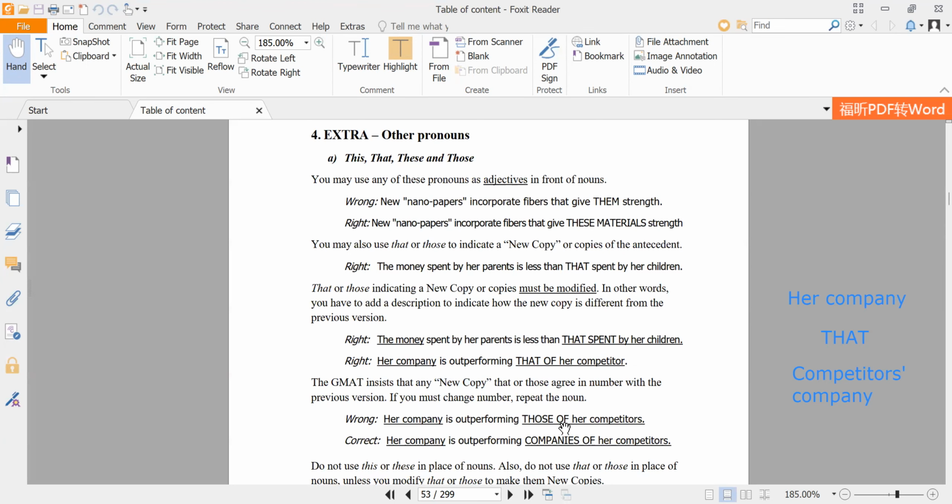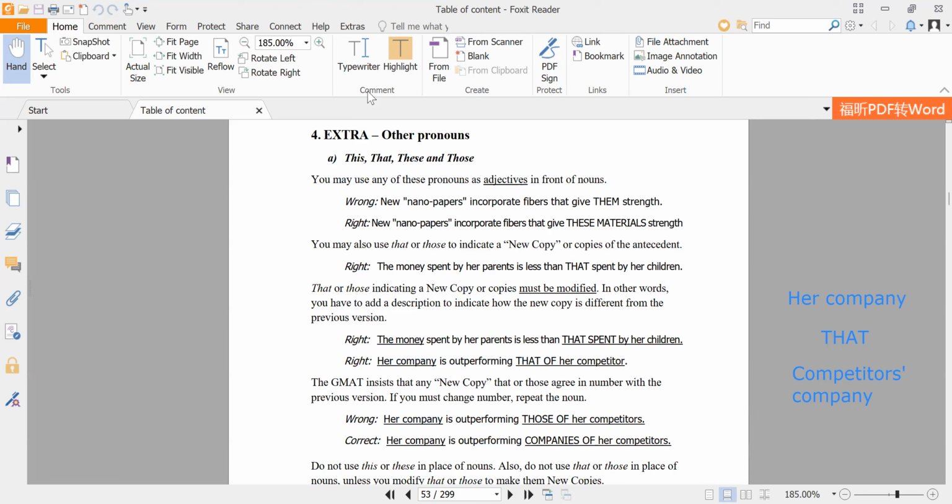If we use those, then it is incorrect, not just because we are trying to compare a singular company with another singular company, but also because if we want to use a relative pronoun to create a new copy of this original company, then we have to follow the rule of must agree in number. So instead of using the plural those, we have to use the singular that.